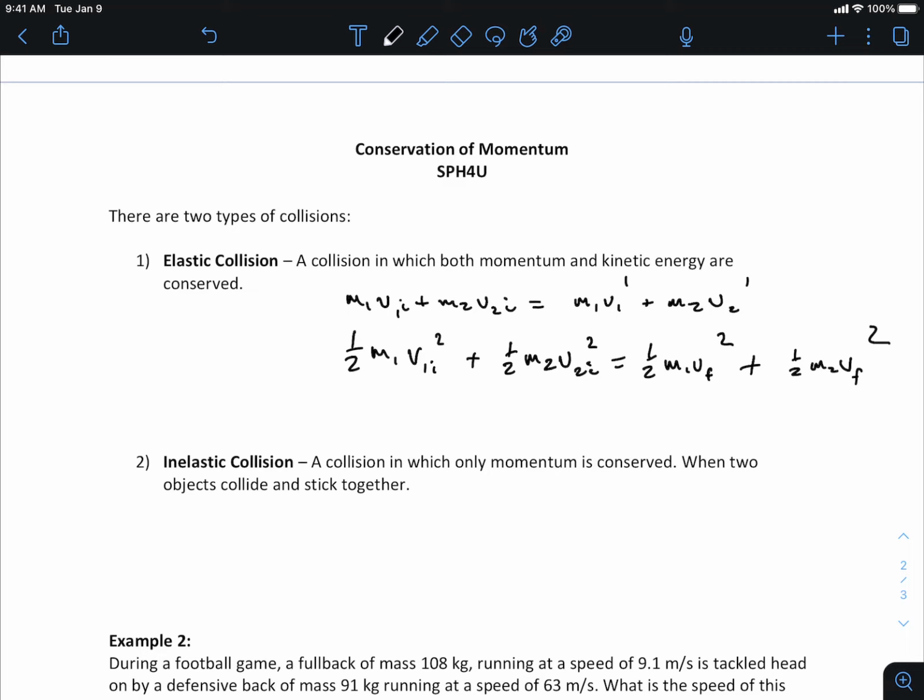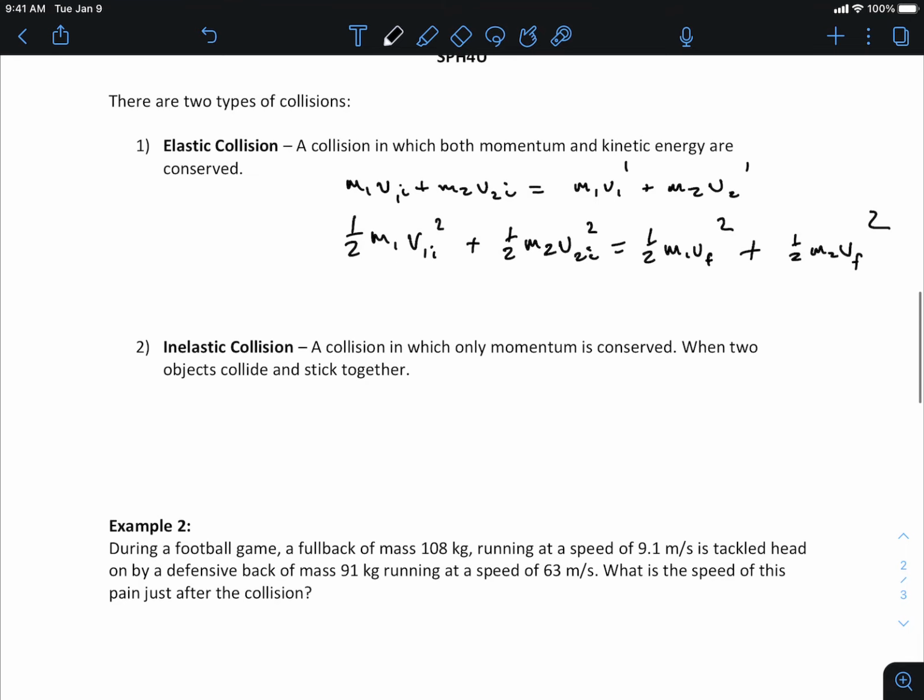Now an inelastic collision is one where only the momentum's conserved, and it's when the two objects collide and stick together. Under these circumstances, we can set up the initial scenario very similarly, since both objects are going to have some momentum.